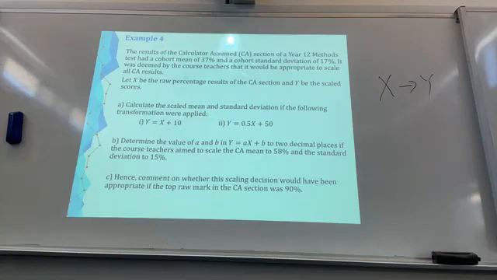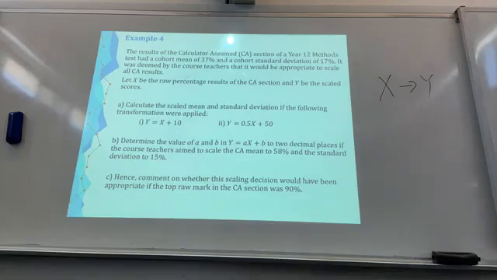So you need to calculate the scaled mean and standard deviation if the following transformation is applied. And then determine the values of A and B in Y equals AX plus B to 2 decimal places, if the course teachers aim to scale the calculator assumed mean to 58% and the standard deviation to 15%.